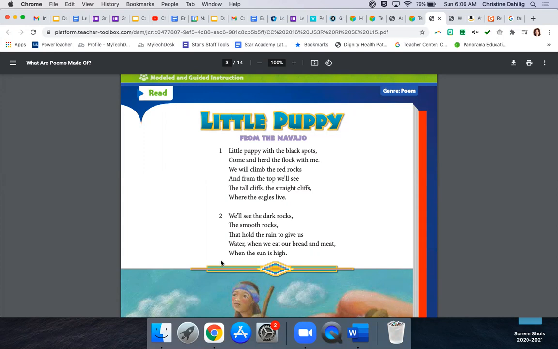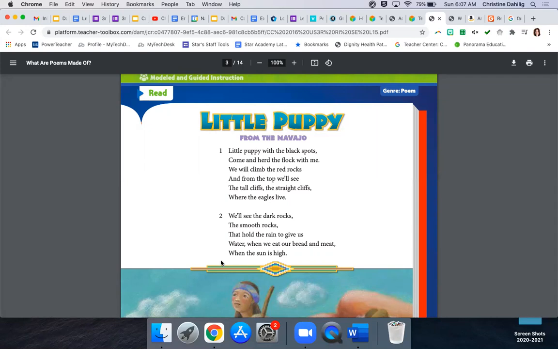As I am reading this poem to you, I would like you to keep several questions in mind. First of all, I'd like you to think about who the speaker is in this poem. And I'd like you to think about who the speaker is describing or what the speaker is describing in stanza 1.